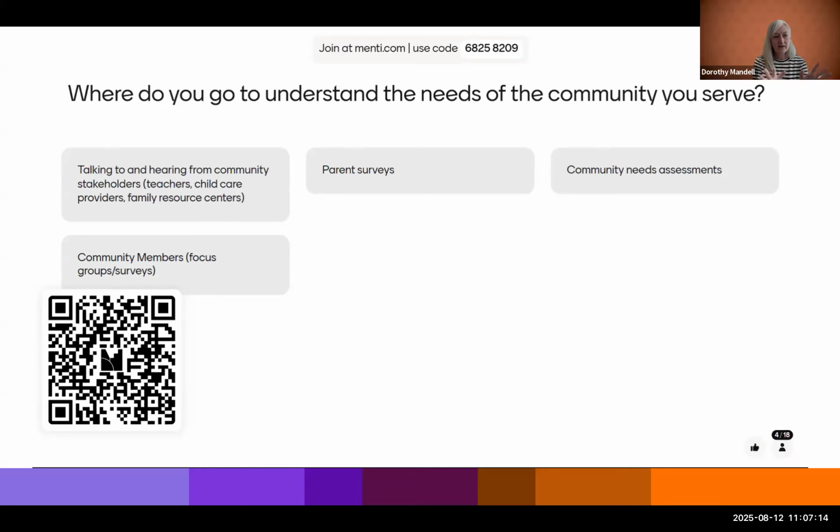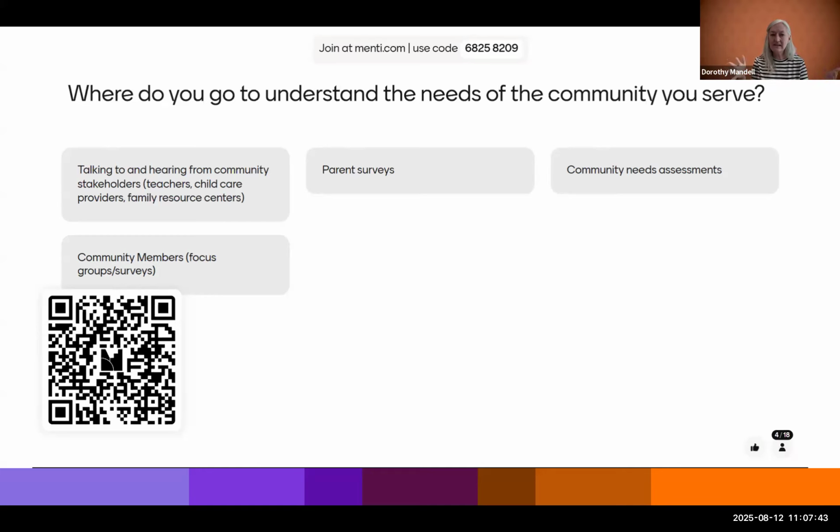Great. Now, one of the things that I would like to point out is a lot of the work on focus groups and surveys, teacher, childcare centers, parent surveys, this really gets you at understanding the needs of the individuals in your community. The community needs assessments and the data I'm going to talk about today is really going to move things up a little bit and talk about the overall community and the need of the overall community and what they need.